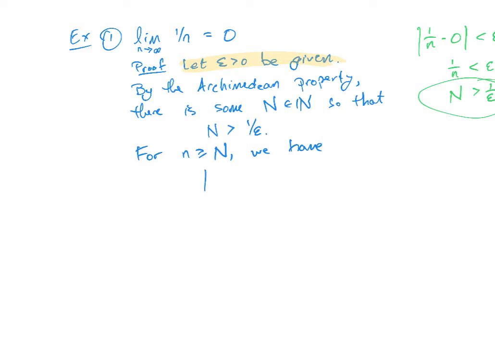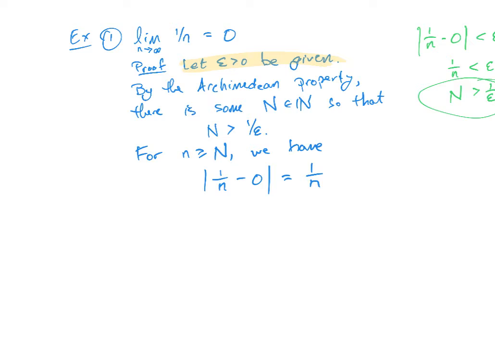The quantity we're interested in is the absolute value of 1 over little n minus 0. We already said in our scratch work that's equal to 1 over n.